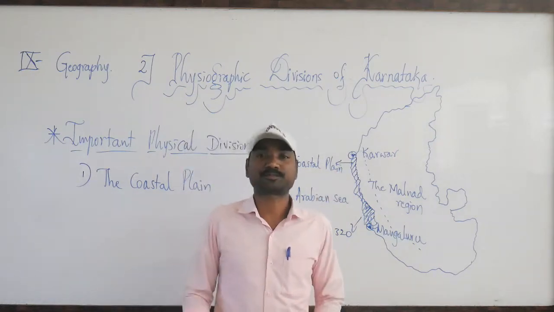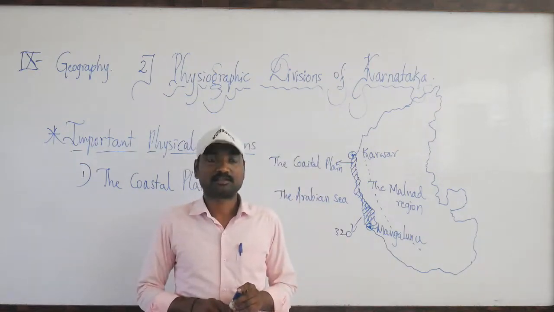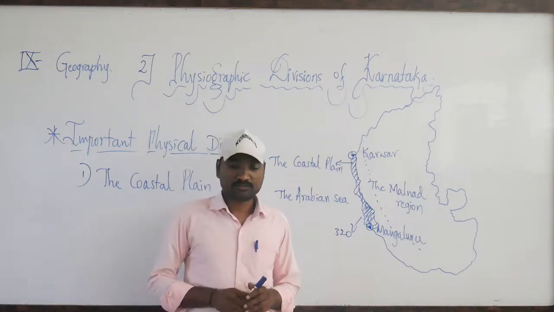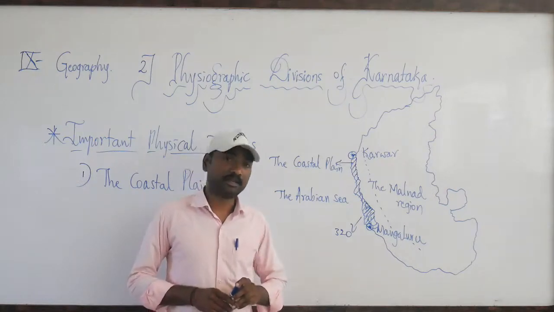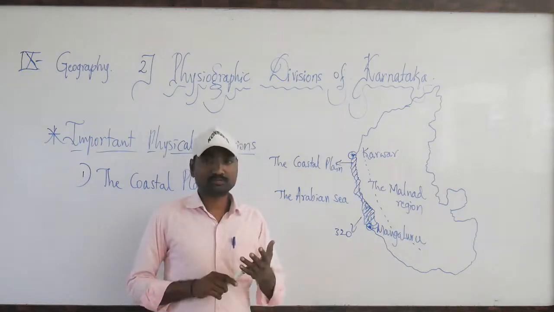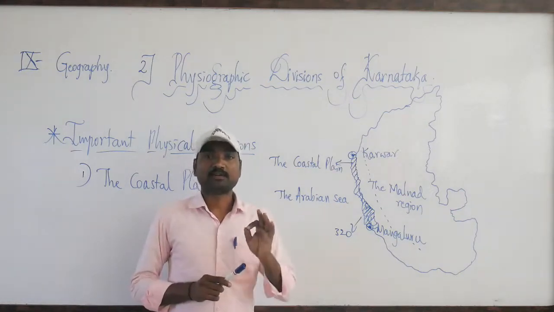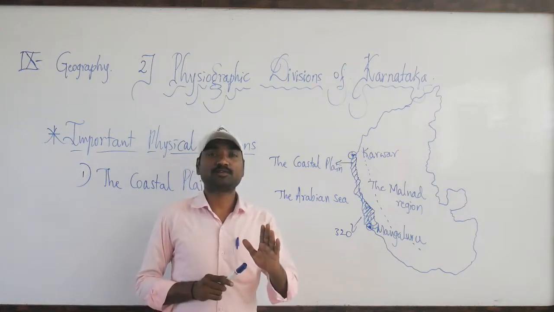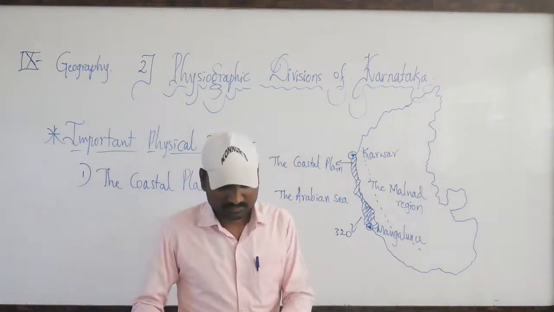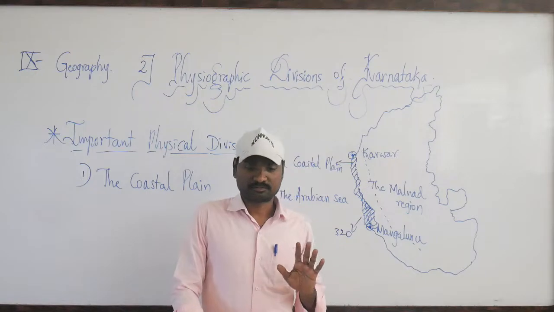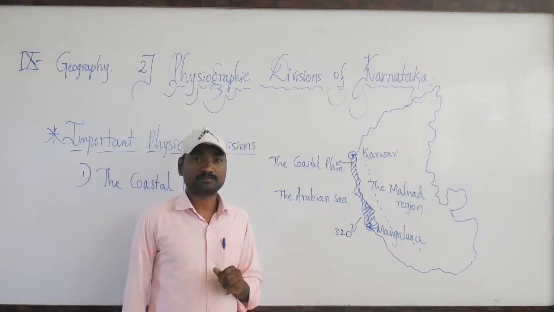The important crops grown in the coastal plain are cashew, coconut, areca nut, cardamom and paddy. The districts of the coastal plain are Dakshina Kannada, Udupi and Uttara Kannada.